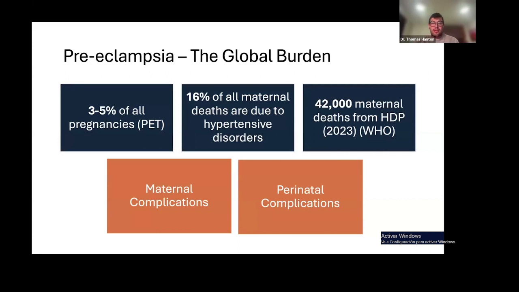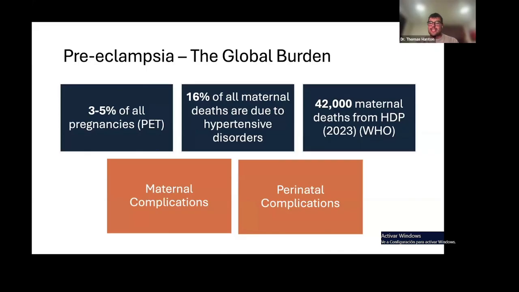And it leads to maternal complications and perinatal complications. The maternal complications are things like eclampsia, problems with kidney failure, kidney damage, HELLP syndrome. But we also know that preeclampsia is linked to an increased risk of cardiovascular disease later in life, a 2 to 3-fold increase.